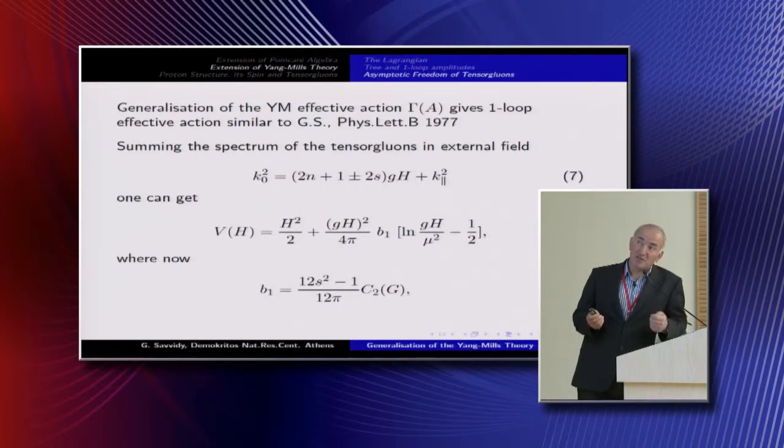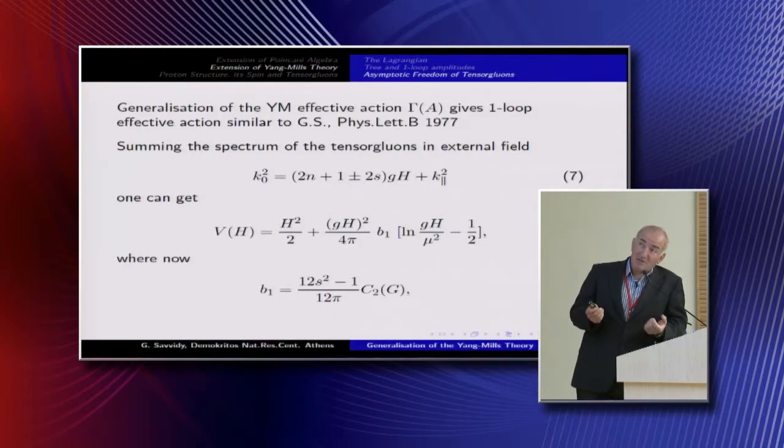So when s is equal to 1/2, you will get plus minus 1, which is what is called the Landau level, right? And when s is equal to 1, that's the Yang-Mills theory, and a summation of this spectrum in '77 leads to the effective Lagrangian, which is written here.